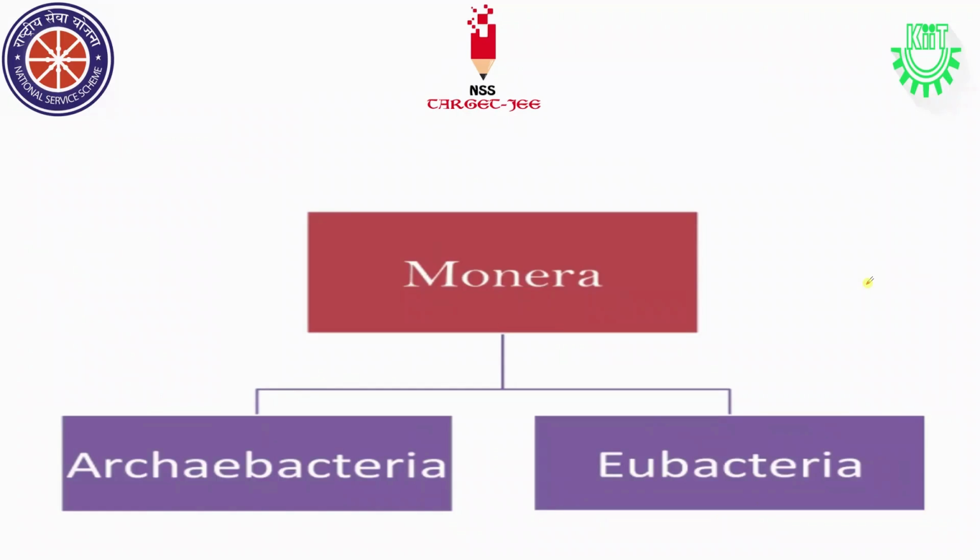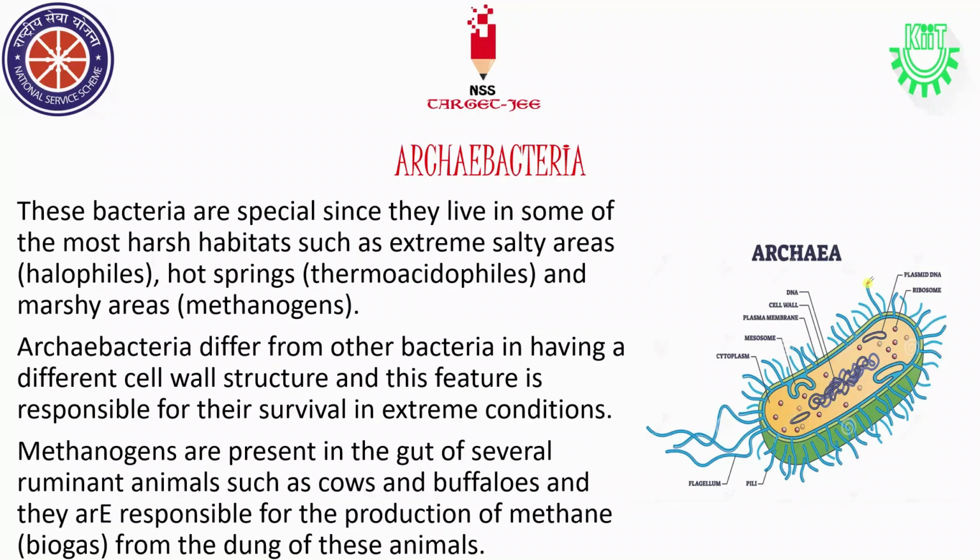Hello everyone, हम बायोलॉजिकल क्लासिफिकेशन को कंटिन्यू करेंगे। आज हम पढ़ेंगे मोनेरा। There are two types of Monera, Archaebacteria and Eubacteria. Archaebacteria, they are different from most bacteria. ऐसा कैसे?